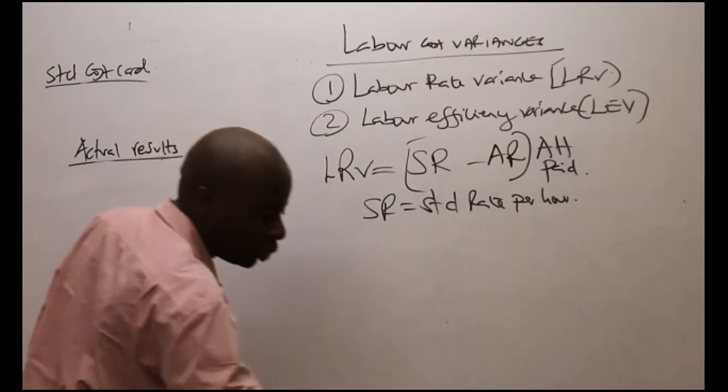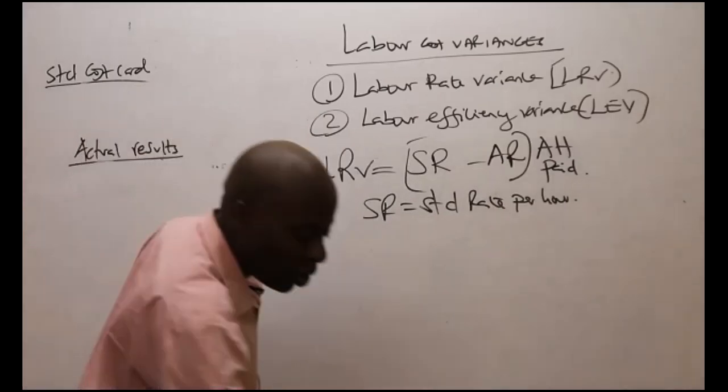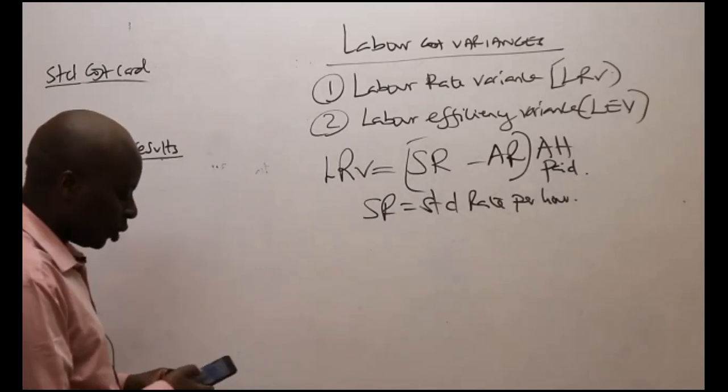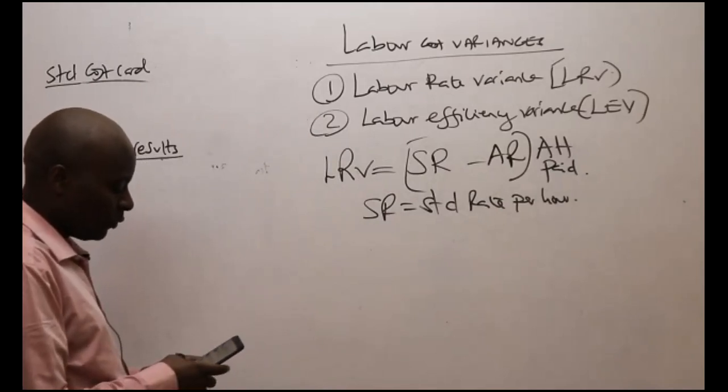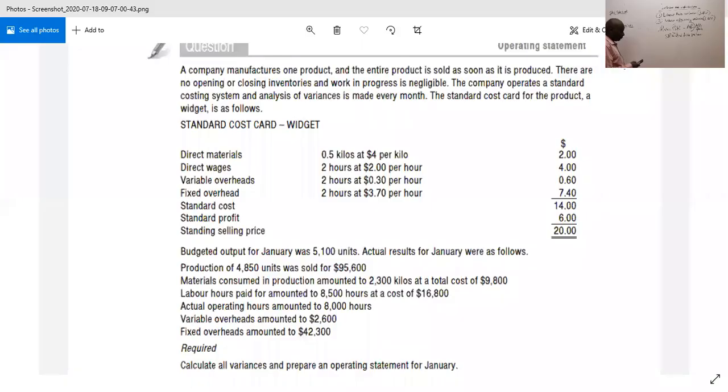With labor, I would want to know two things: the standard labor cost and the actual labor cost. So please go to your standard cost card, where I can see direct wages, which is our direct labor cost.